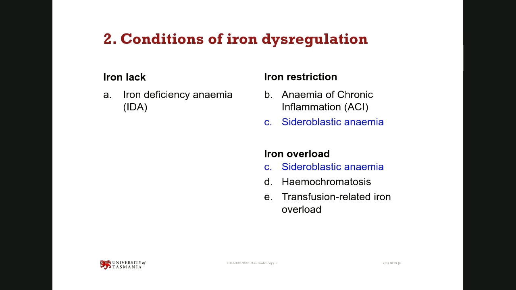And that's because it's a condition of both, as we shall see, but more to come later on. So first of all, we're going to start with iron deficiency anemia, which is a straight out lack of iron. So we don't have anything crazy going on. There's no abnormal enzymes or abnormal genes or anything like that. It's just, we have a lack of iron.